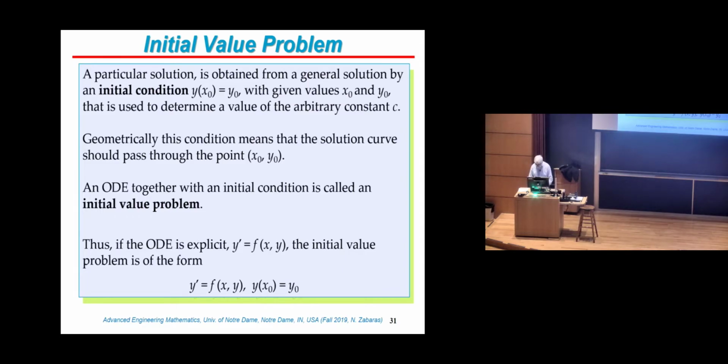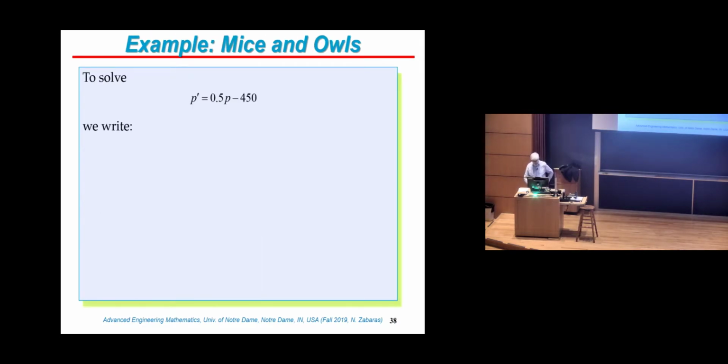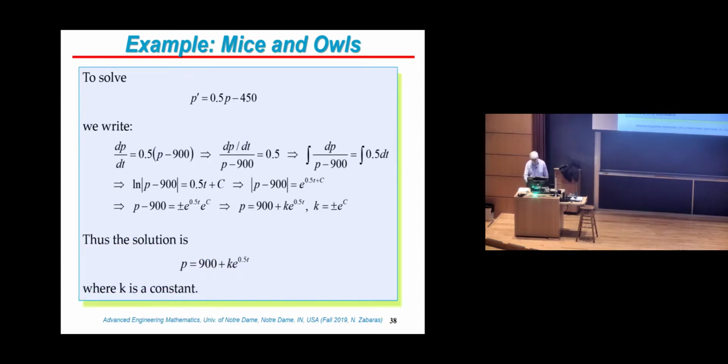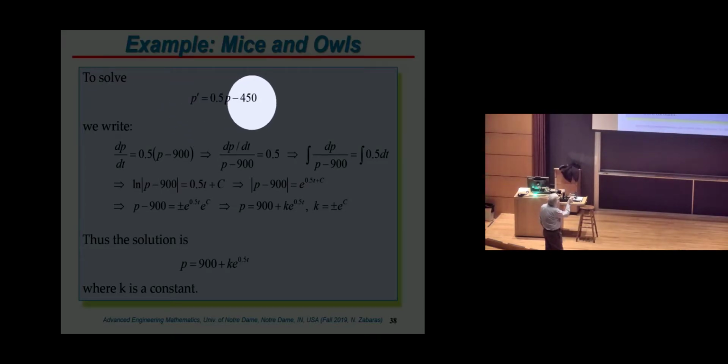So let me solve some trivial problems that we have seen. This is the population of the mice that we have seen, the standard example. There is really nothing here to know about solving ordinary differential equations. You can just rely on calculus. P prime is dP over dt, all right?